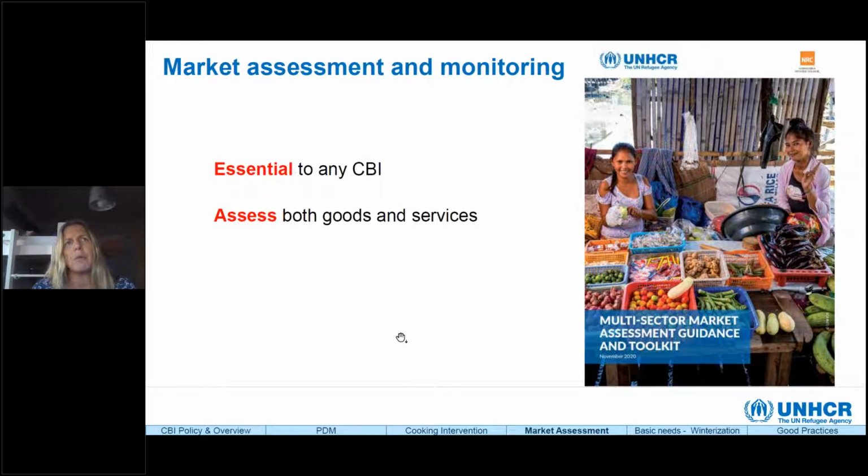We had one previous one, but that was very heavy, and we know now we don't want to collect too much data or spend too much time on costly assessments, so it's quick guidance on how you can do this. It also includes monitoring, because market monitoring of prices, etc., is really standard practice of our cash interventions.